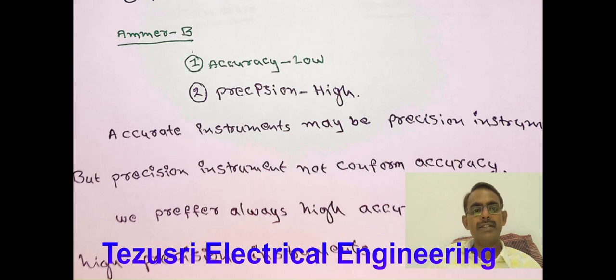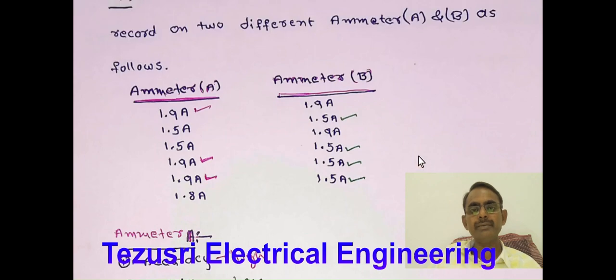Here is an important statement: an accurate instrument may be a precision instrument, but a precision instrument may not confirm accuracy. Out of these 6 records, 1.5 amperes appears 4 times.